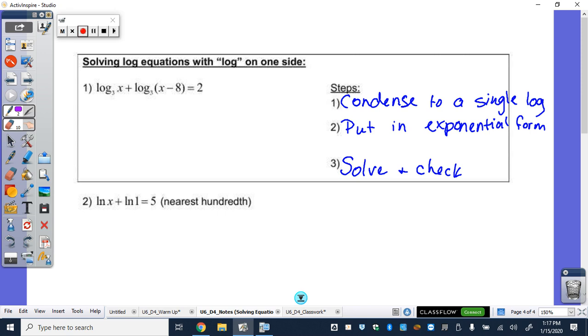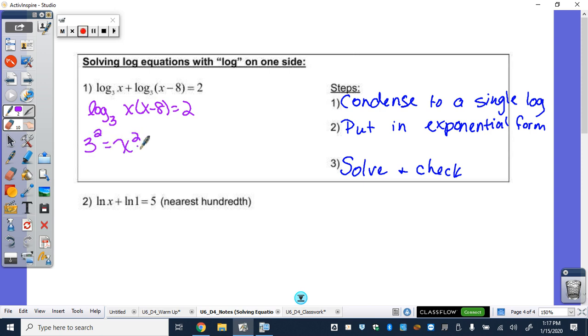So looking at my example in the box, what's happening between the x and the x minus 8? They are being multiplied, so x times x minus 8. So I have log base 3 of x times x minus 8 equals 2. So now we're going to put it into exponential form. What's our base? 3. Our exponent? 2.